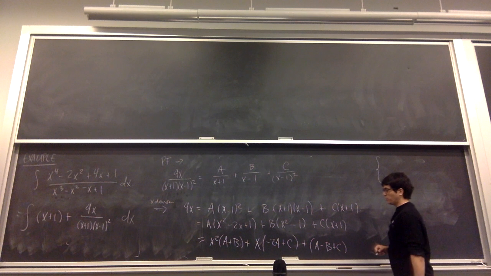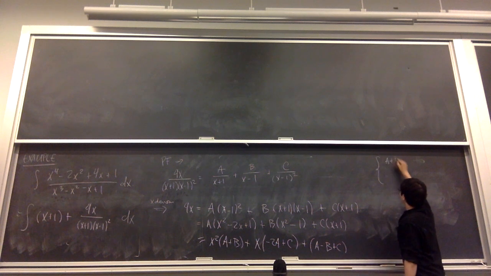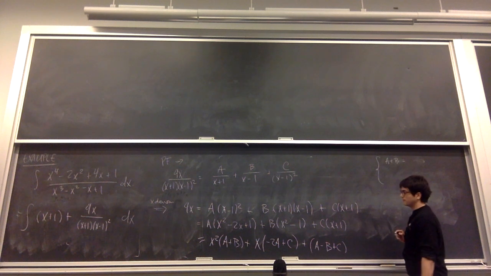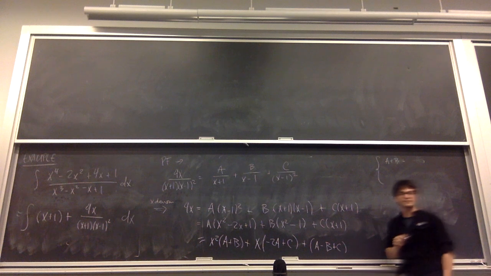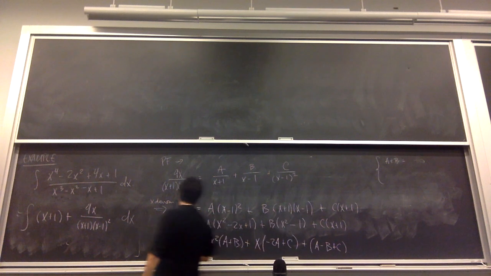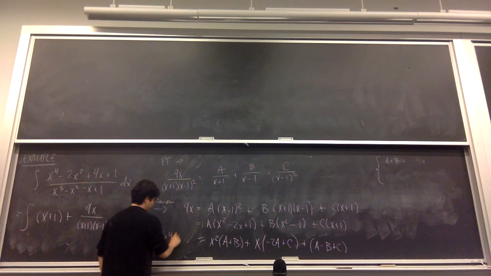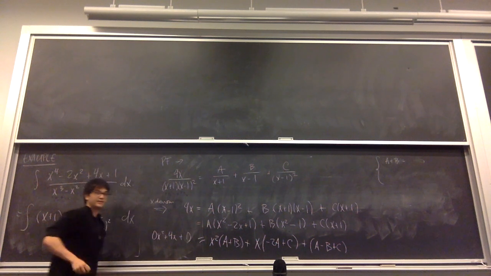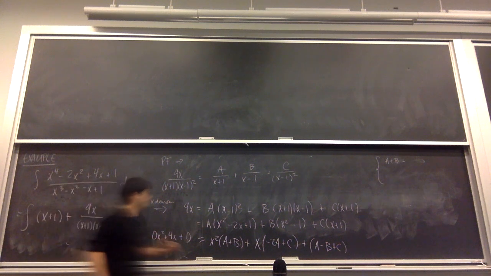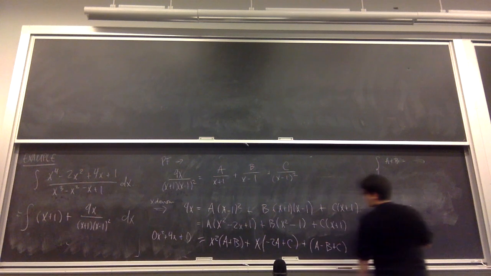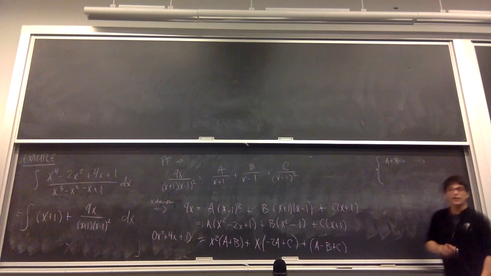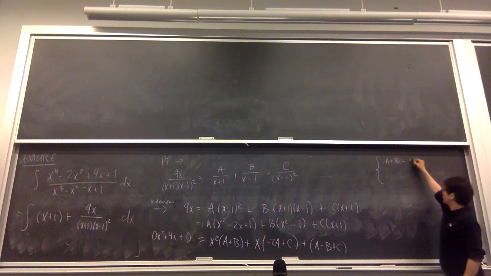What linear system do we form? a plus b has to be what? Don't forget about silent zeros. This really is 0x squared plus 4x plus 0. Zeros always exist. Okay, so that being written, what does a plus b have to equal here? 0.